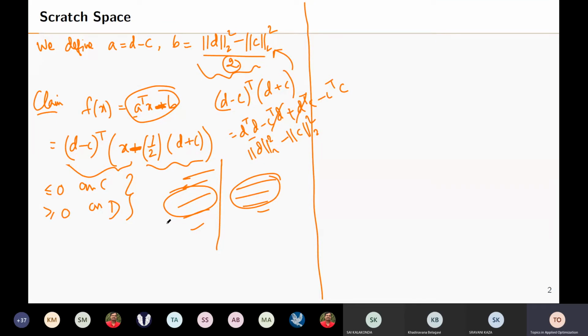So what do we do now? Let us prove that f is non-negative on D. There are two parts in the proof; if we prove one, the other should follow from there. Let us prove claim 2: f is non-negative on D. Suppose u is in D. Then we would like to know f of u.